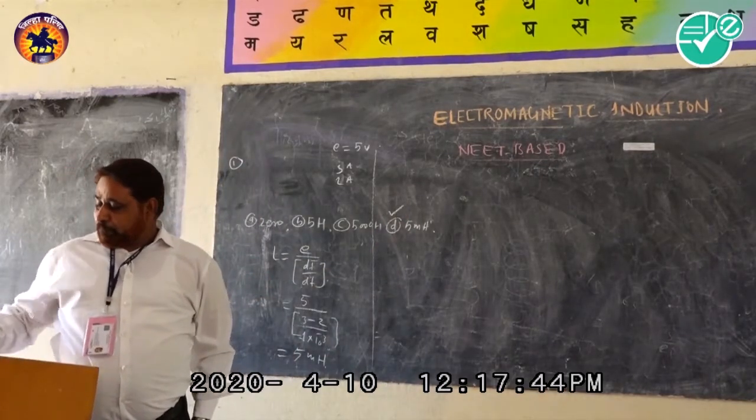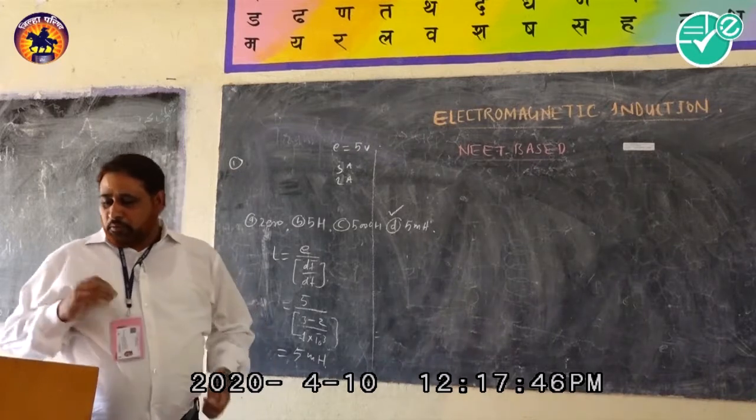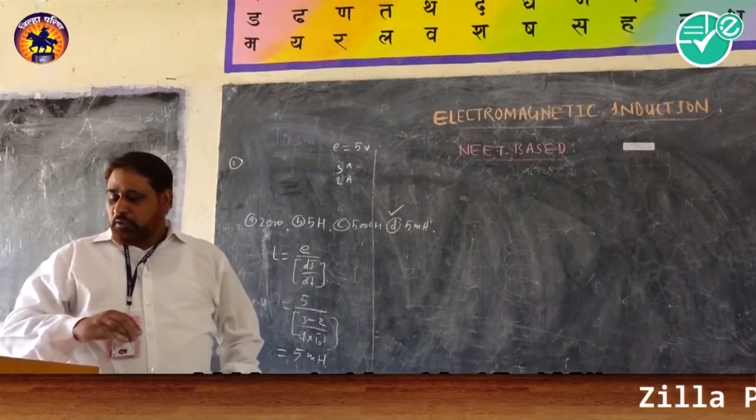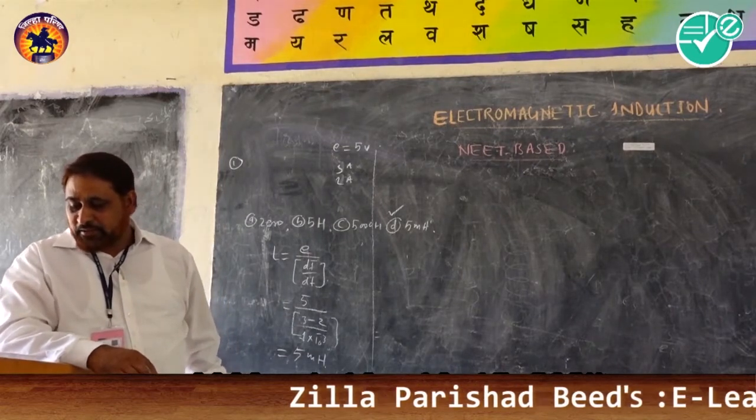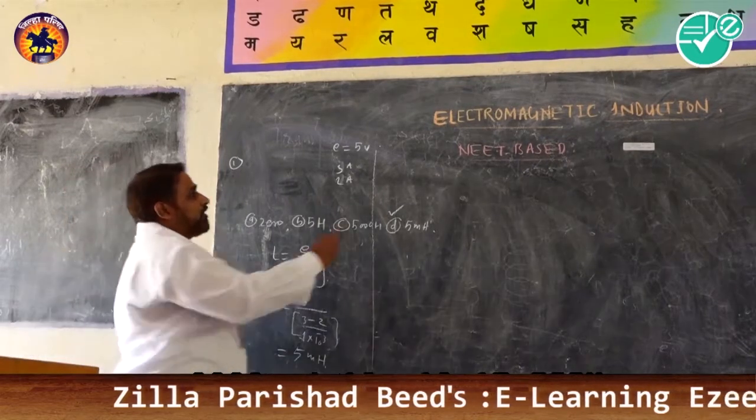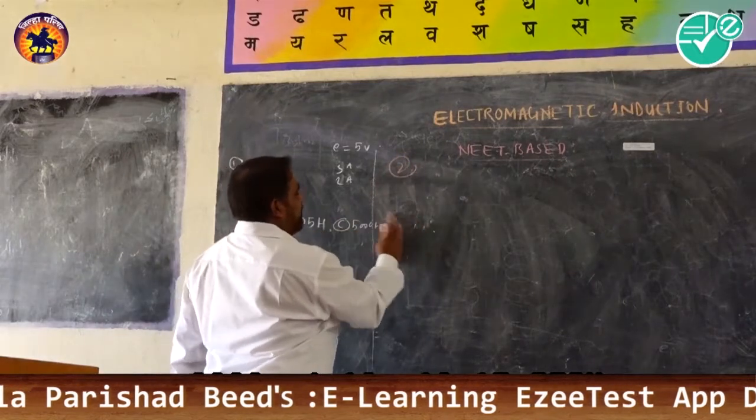Now the second question. A coil L is equal to 5 henry. See here, the second problem is like this.